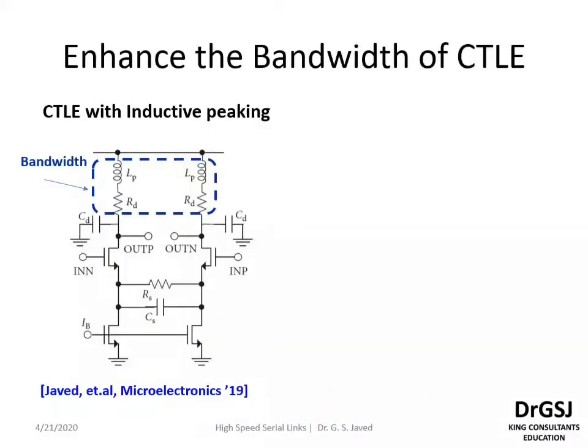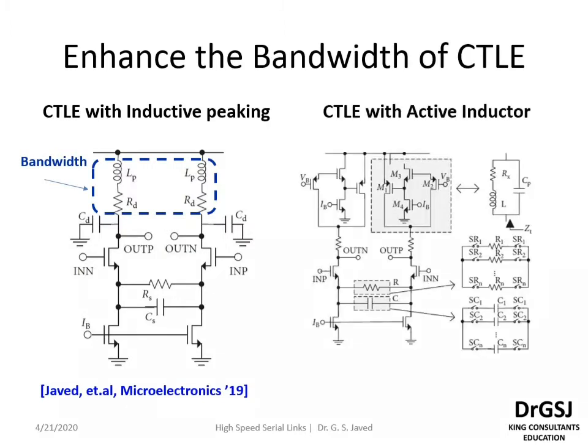To enhance the bandwidth of the CTLE, initially you use inductive peaking to get the bandwidth expansion. Since the inductors are larger in size and occupy more space in silicon, a CTLE with an active inductor is proposed. This active inductor has a similar structure as shown in the previous slides.